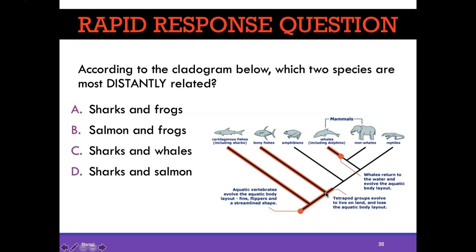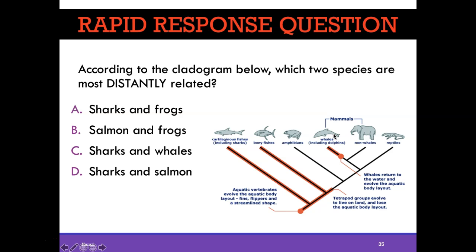So at this point, for example, one group of organisms decided to stay underwater, but some tetrapod groups evolved to live on land, right, and then went along this way. So what I'm asking you to look at is which organisms are the most distantly related.